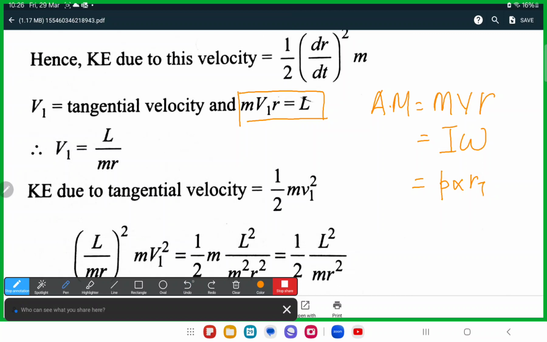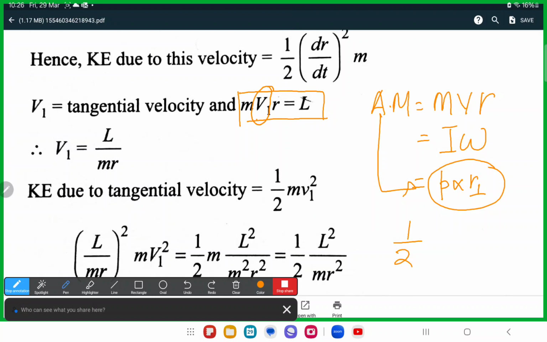Fine, linear momentum multiplied by perpendicular distance is called angular momentum. So in terms of inertia, I omega. L they have given, and by L the basic clue is you can get the v actually. Once we get the v, we can say the formula of tangential kinetic energy is half mv square, and the value of v we can substitute by using this angular momentum equation.